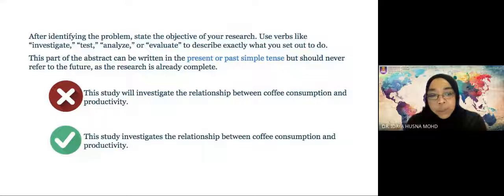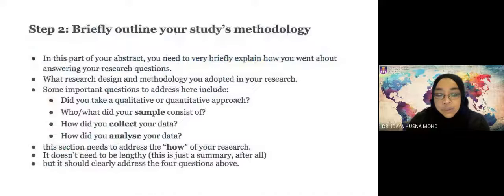So the proper words would be: this study investigates the relationship between coffee consumption and productivity. And if it is an abstract for a research proposal, then it should be: this study will investigate, or intends to investigate, the relationship between coffee consumption and productivity. So this is for the purpose.